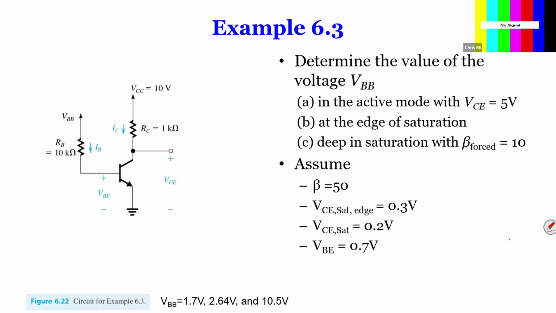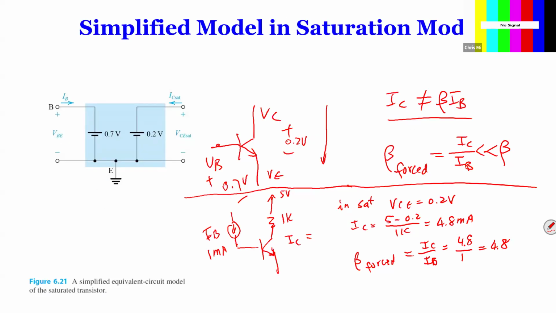Right? So there are two ways to do that. Go ahead. Could you explain again why in saturation mode VCE is stuck at 0.2? I always think of saturation mode as like a curve, so maybe I'm missing something. Why is it stuck at 0.2?